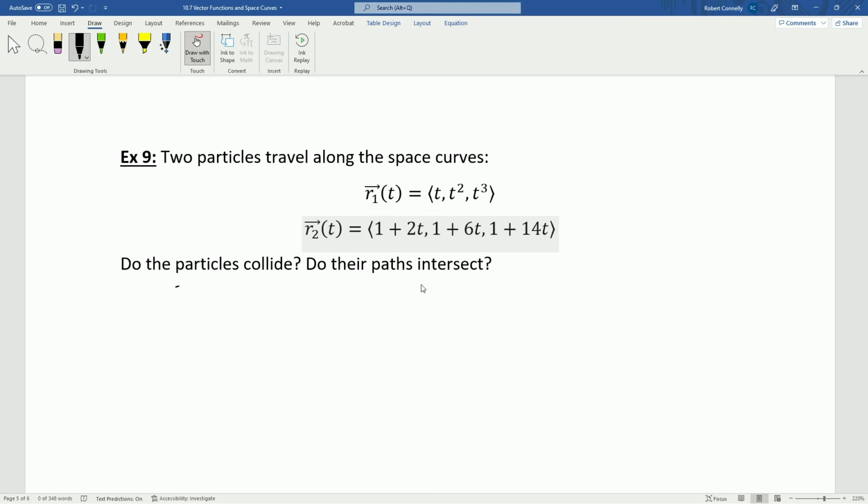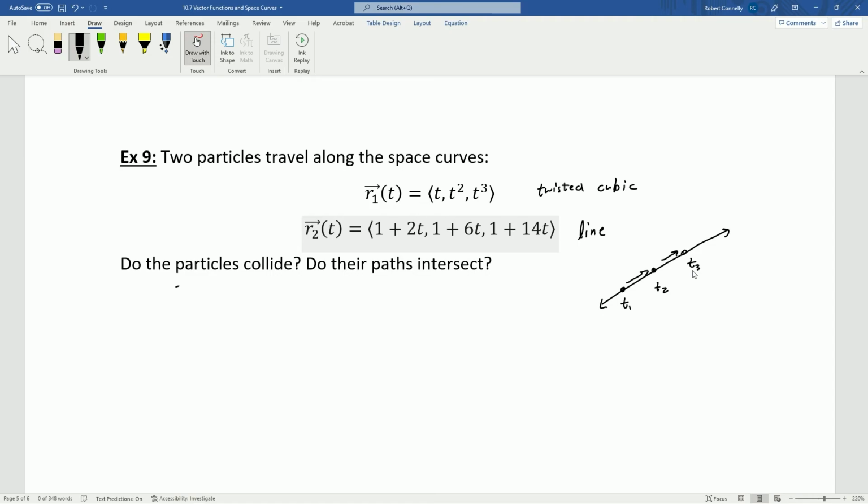So first of all, this first function is the twisted cubic that we looked at earlier. And this second one is a line. So if you imagine what a vector-valued function is doing, it's assigning t values to a point on the line. And so as your t value changes, your point moves on the line.